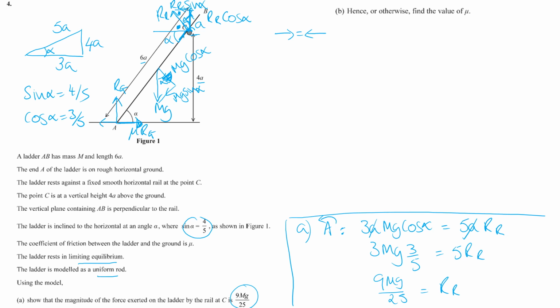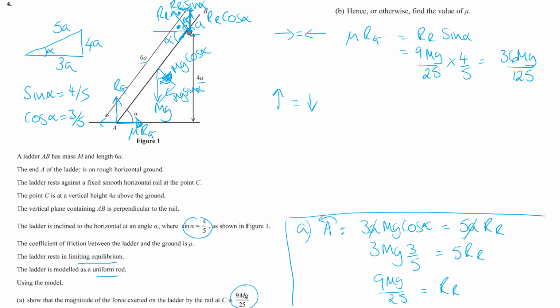I've got the friction, which is mu Rg, is equal to the reaction at the rail, sine alpha, which is the size of it, which I worked out in A, 9 mg over 25 times 4/5, which is equal to 36 mg over 125.